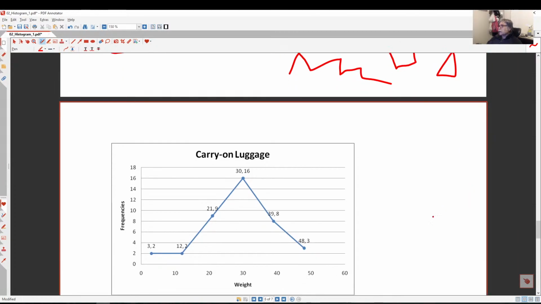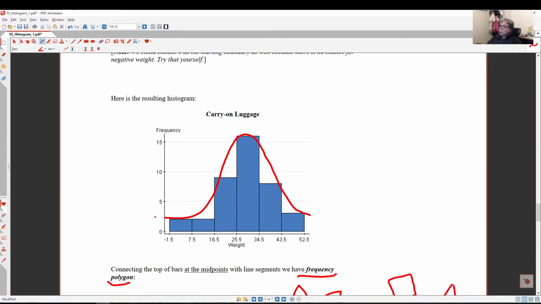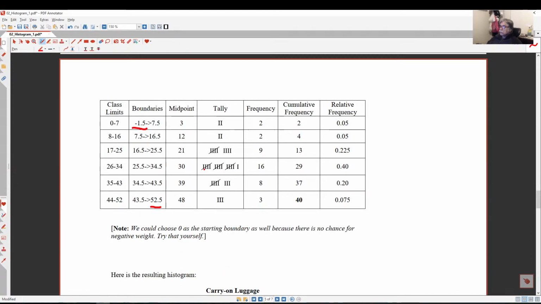Okay, so how is this particular polygon here determined? It's determined by using coordinates of these particular points. Once you find those coordinates, you're just going to connect them with the line segment. Two points next to each other in terms of x-axis are connected with the line segment. The first coordinate is the midpoint. So in this carry-on luggage, the midpoint is 3.